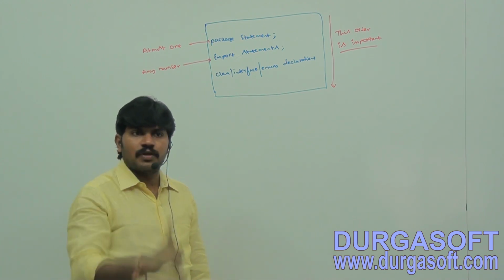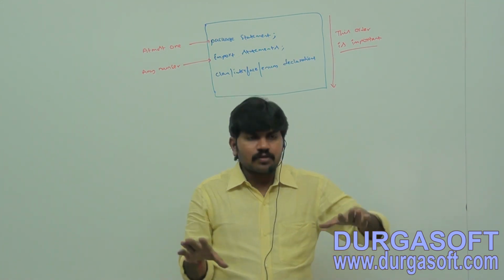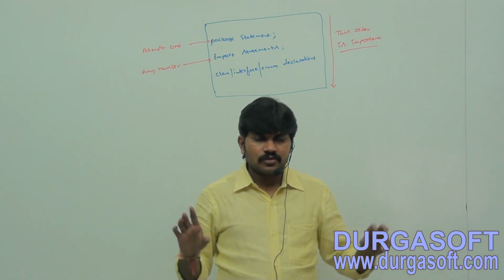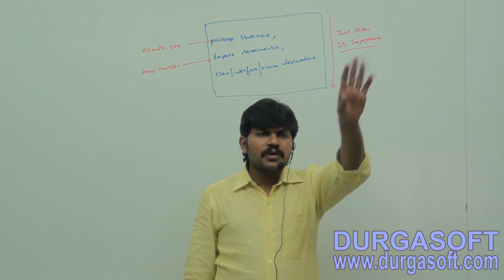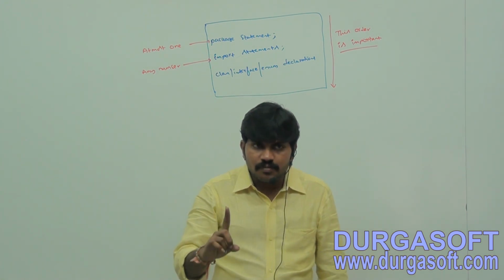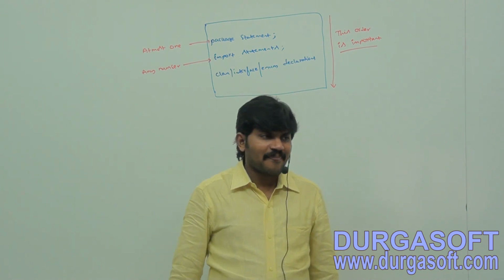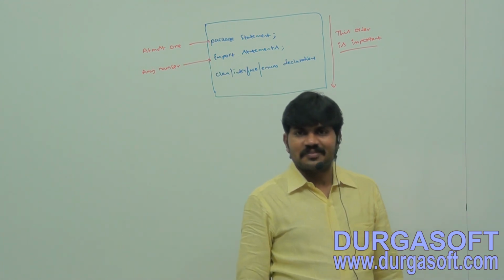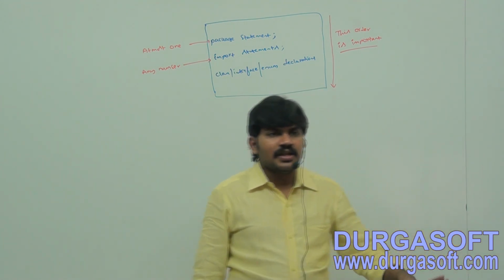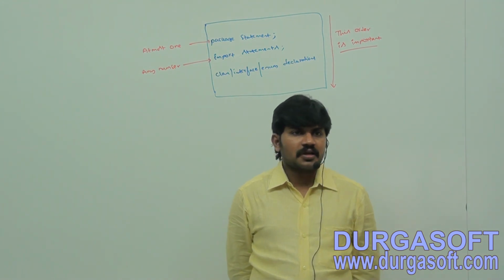Or only one, you can't take more than one? Or any number? At least one, or any number, or at most one, or exactly one. How many people are feeling at least one? Majority of the people say at least one.